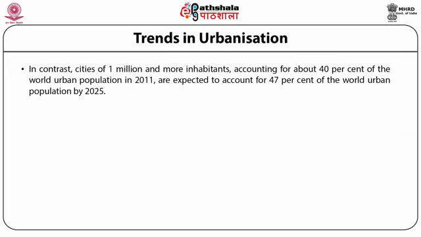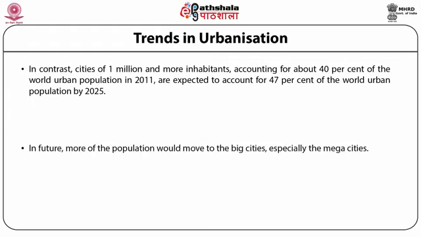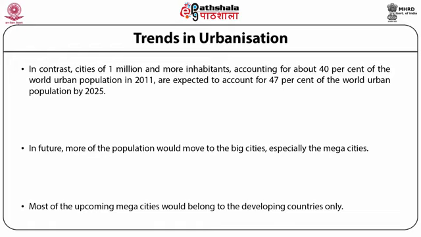In contrast, cities of 1 million and more inhabitants, accounting for about 40% of the world urban population in 2011, are expected to account for 47% of world urban population by 2025. Thus, in future, more of the population would move to the big cities, especially the megacities, a majority of which would belong to the developing countries only.